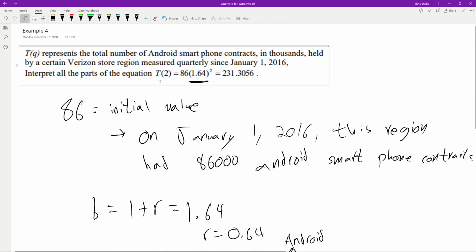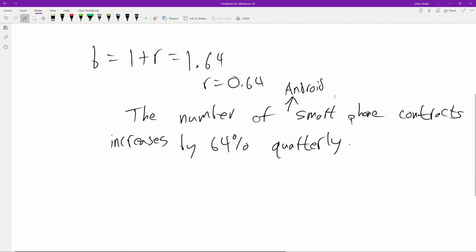And this T of 2 equals 231.3056 means, so this part is the only part that we haven't yet explained.